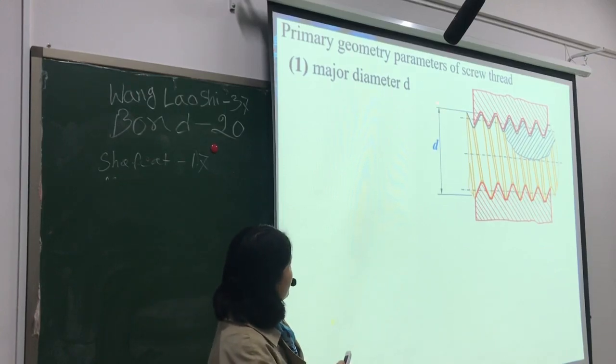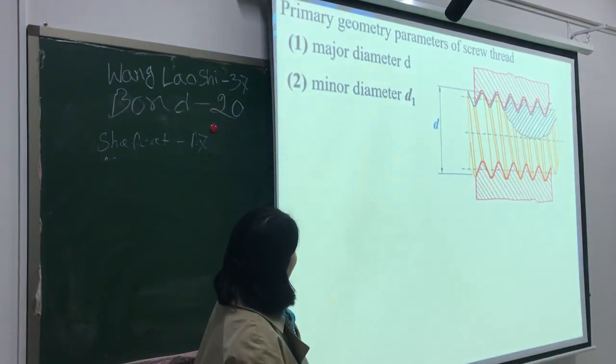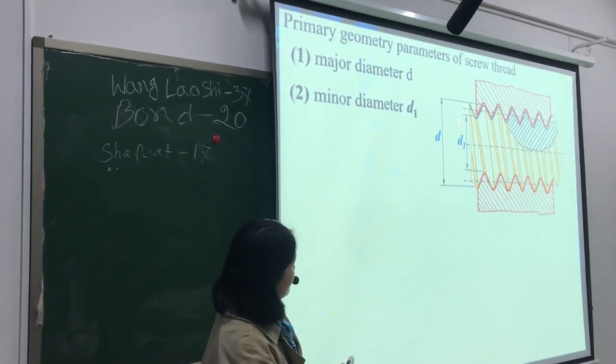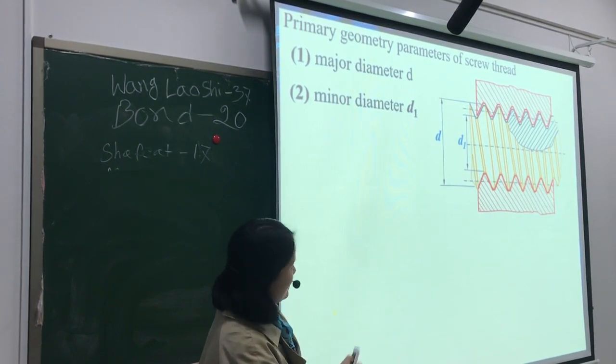The major diameter D is the largest diameter of the screw thread, and the minor diameter D1 is the smallest diameter of the screw thread.